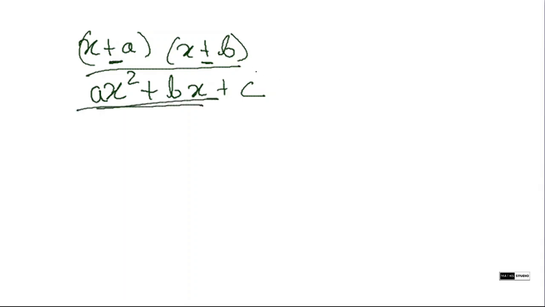For example, we can have a question like y square minus 7y plus 12. So here in front of y square there is 1, b in our case is minus 7, and this is 12.